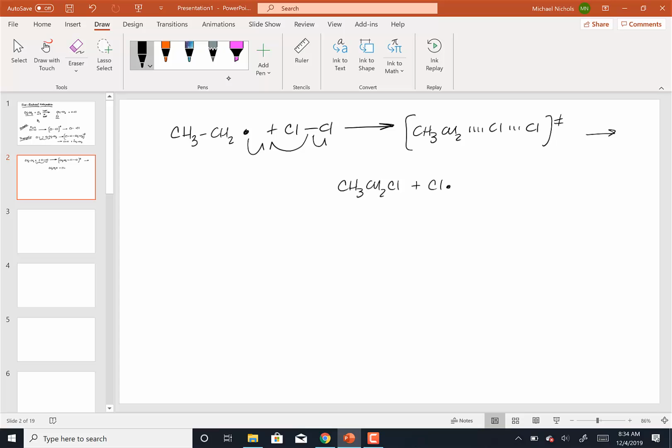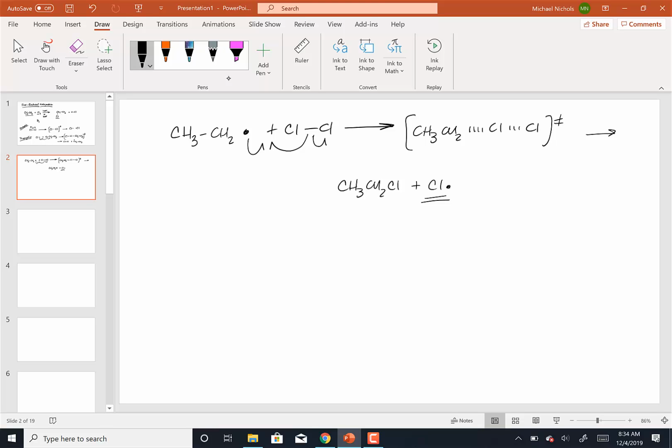So this is the second propagation step, and these are called propagation steps simply because the first step propagates an unpaired electron, and so does the second. So these two steps will continue, because now this Cl dot is going to go back and react with another ethane molecule, which will create another carbon radical, which will react with chlorine, which will make another Cl dot.